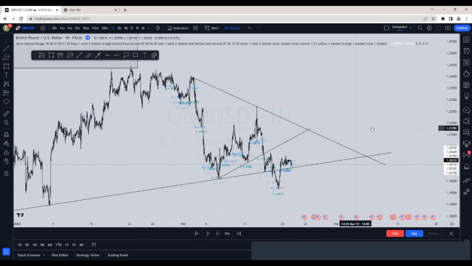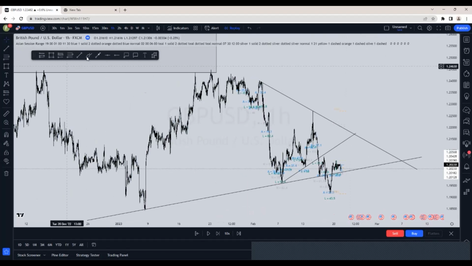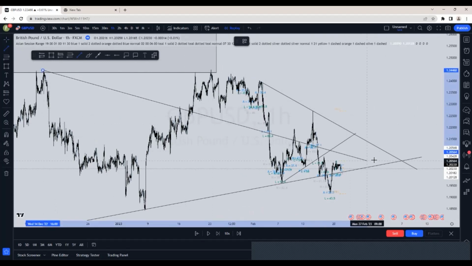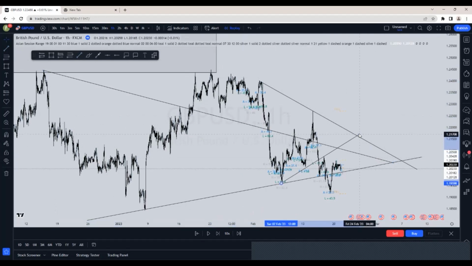Then at the same time, I think I can also see something very nice from here. So we'll just try to see possible ways that we can trade this, and it will give us very nice trades.